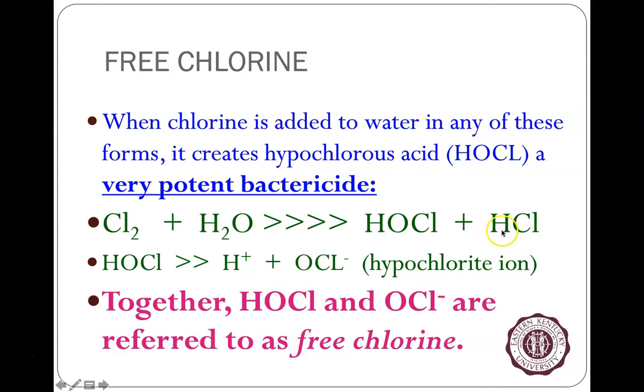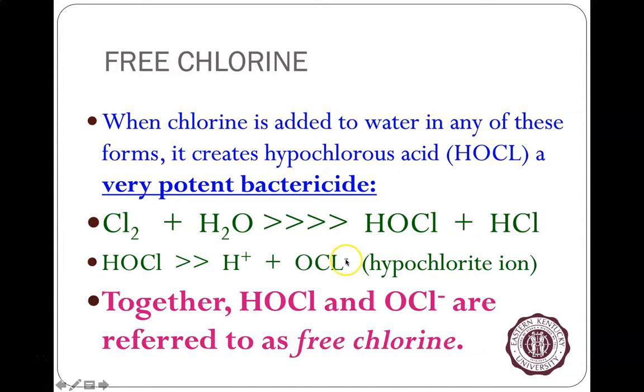Cl2 plus H2O gives HOCl plus HCl. HOCl is hypochlorous acid, and HCl is hydrochloric acid.